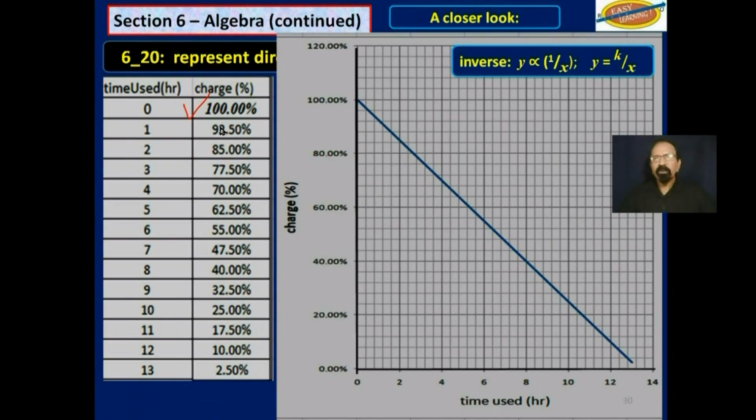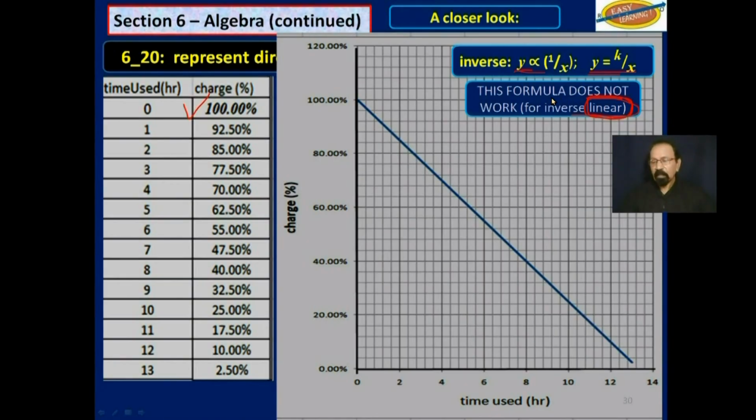Now, if we use this inverse formula here that we are given, we have a problem. The problem is that that formula does not work for inverse linear. Now, CSEC did not specify that there are two types of inverse that we need to look at.